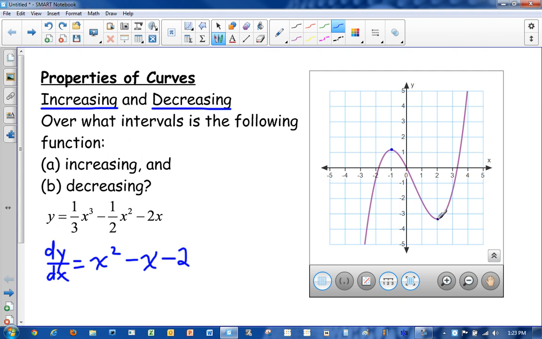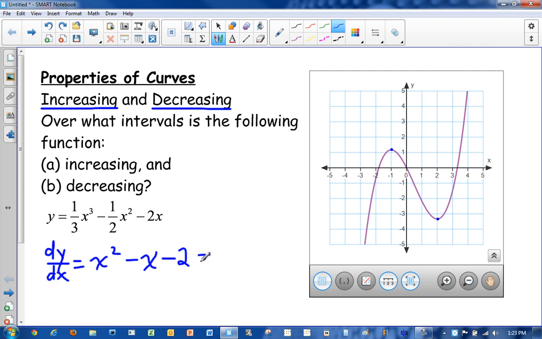And same thing down here. Right before it switches from decreasing to increasing, there's a moment right here where the tangent line will have a slope of 0 again. So these 2 points, where the slope is 0, are going to help me break up this graph into the 3 intervals where it's increasing and then decreasing and then increasing again.